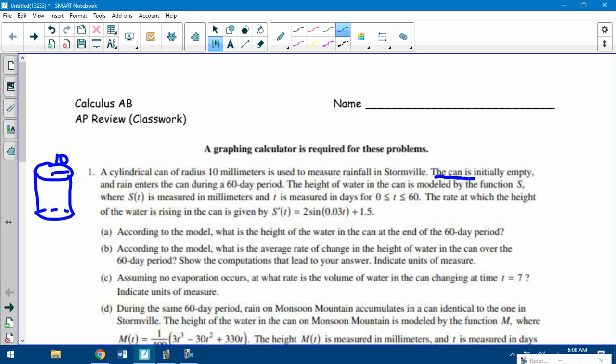That's important. The height of the water is s of t. So s of t equals height of water at time t.